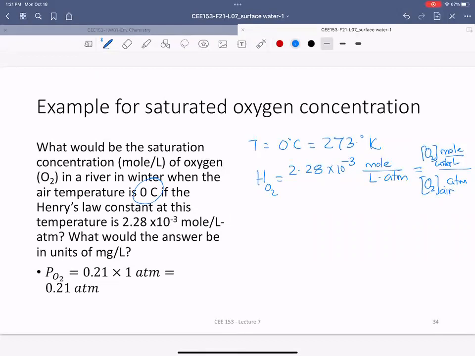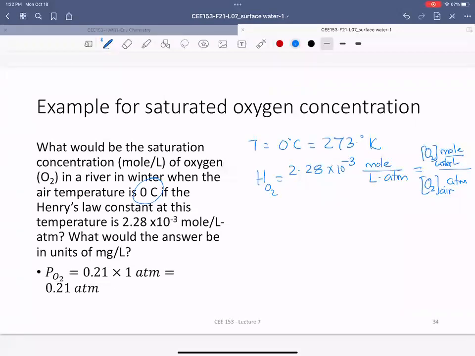That's why the unit is what it is. So when you write this, you can directly predict. The question asks what is the concentration of oxygen in water. So if this is given, all I'm asking is what's the concentration in water.